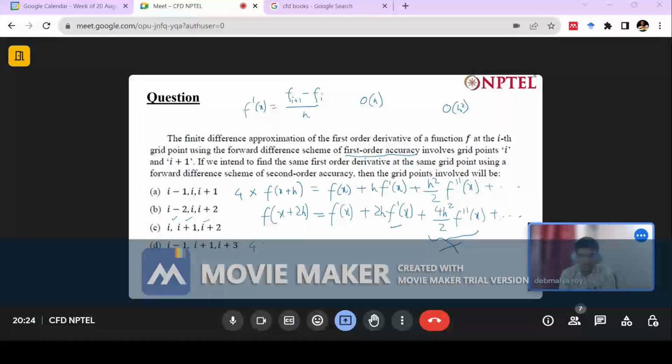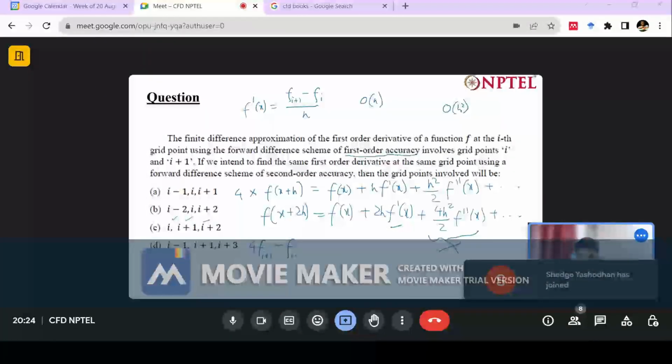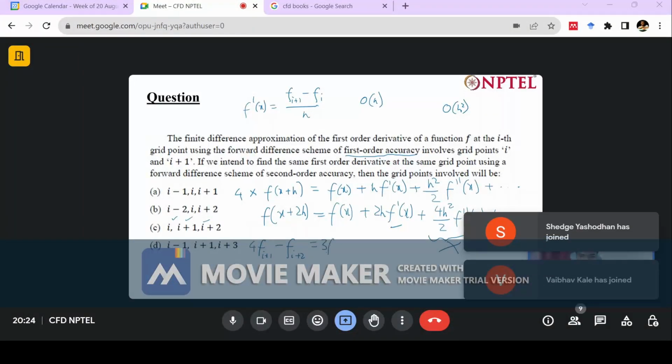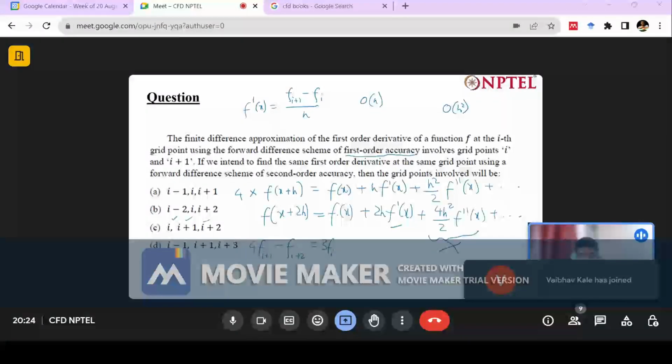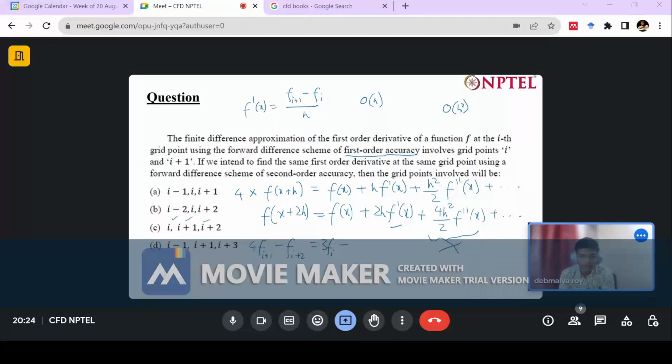So I will have 4 f(i+1) minus f(i+2) is equal to 3f(i), 4 minus 1, so 3, plus 2h f dash x, 4 minus 2. This is what we are trying to find. This term has got cancelled and others are higher order terms.